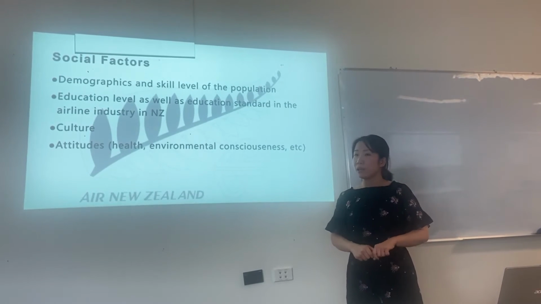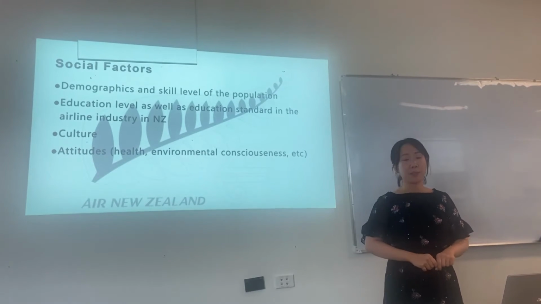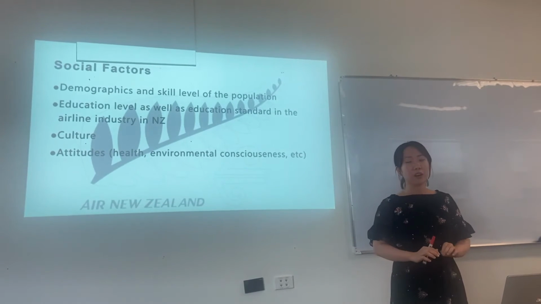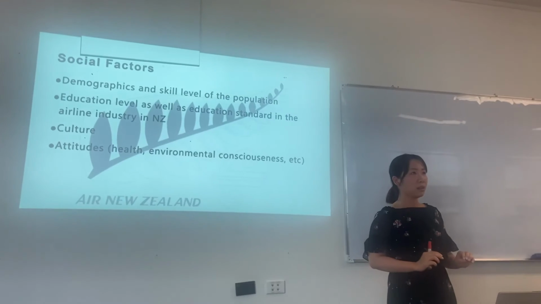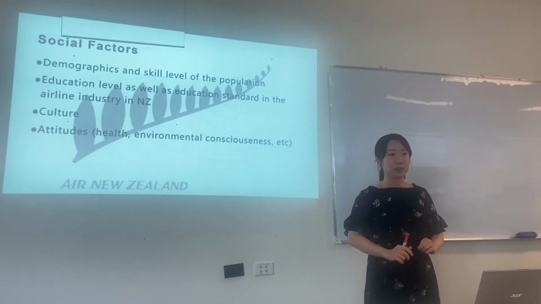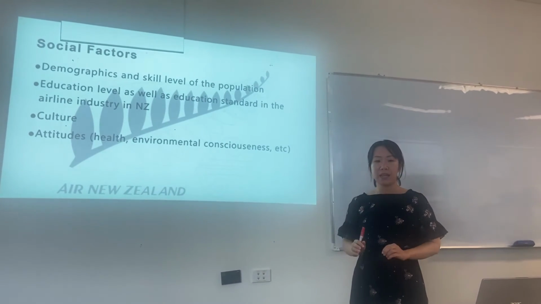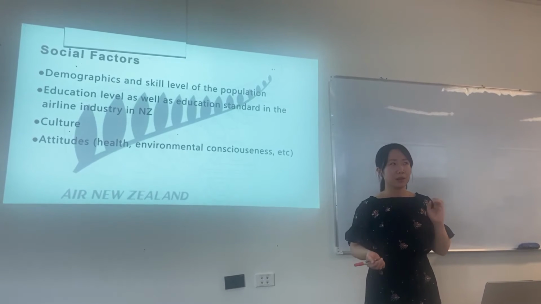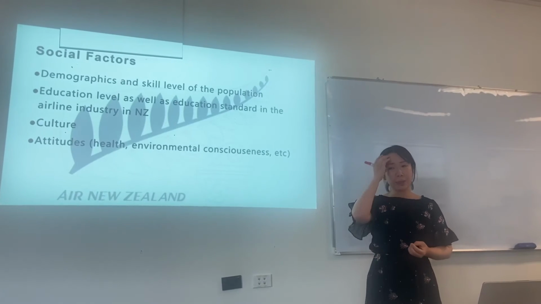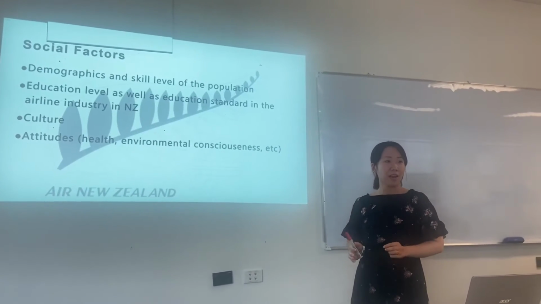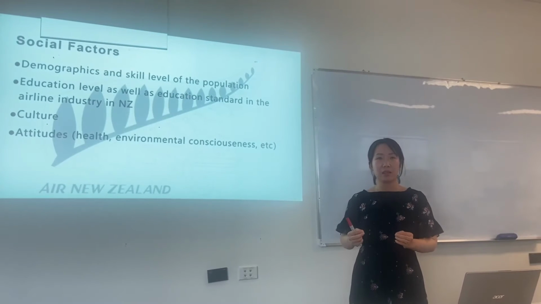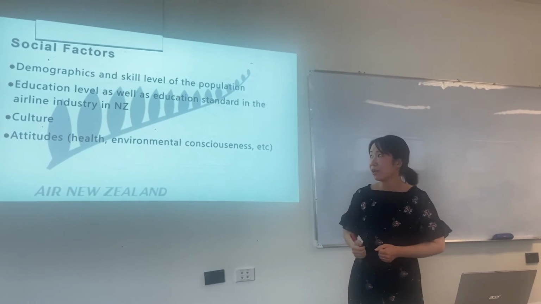The population, how can I say, the marketing of our company should depend on the distribution of population. So how much you invest in a place would depend on how many people you have there and how much income you can have.